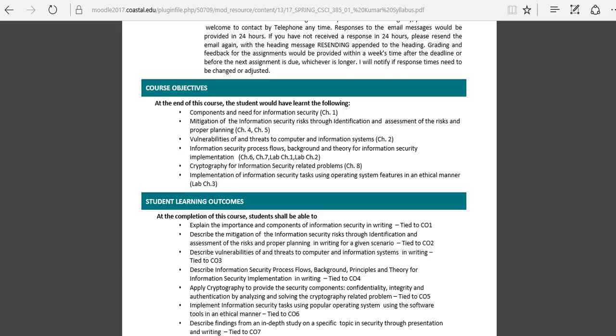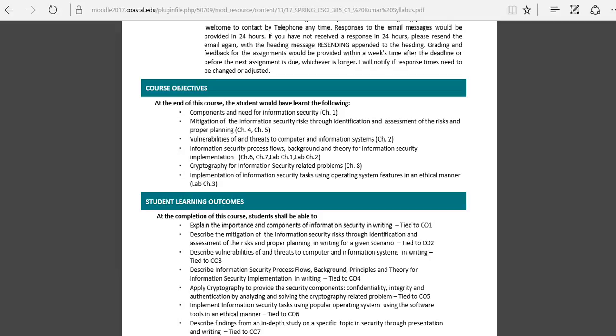You should be able to identify and describe vulnerabilities and threats. Again, what are the different types of security process flows, which is in the literature, and how you can implement it. You should have some background in theory before you can implement these security process flows.